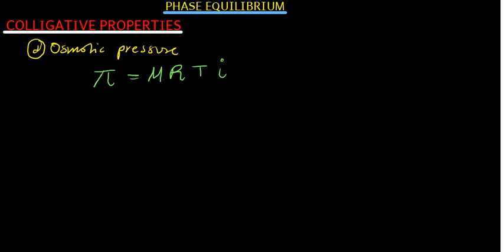The others, boiling point elevation, freezing point depression, vapor pressure lowering, we've been using molality. But for this one, what we are using here is molarity. So the difference is there is M here, and for this one there is m, and that changes everything. So that is how we get to calculate the vapor pressure. I mean the osmotic pressure, not vapor pressure.